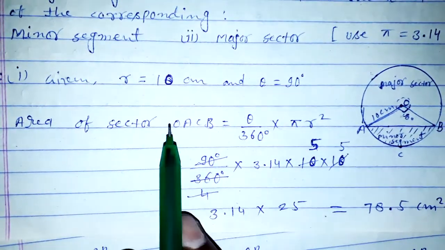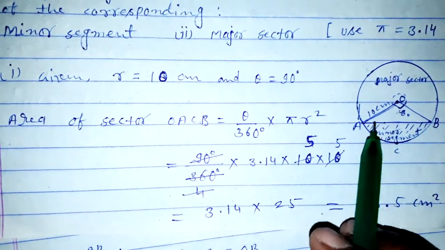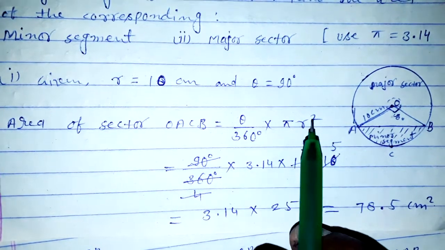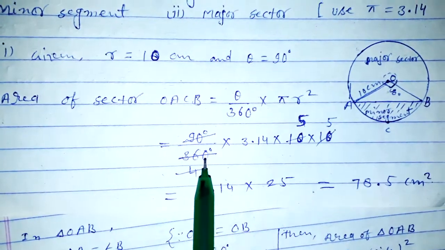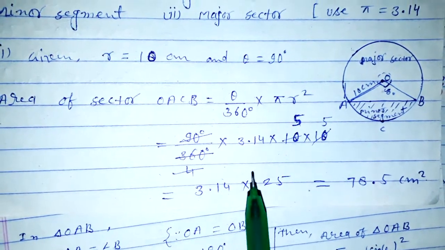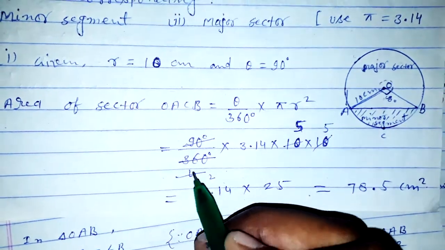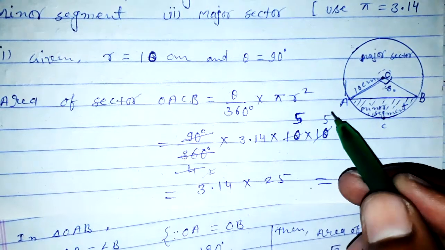So area of sector OACB. OACB means minor arc, minor sector. Theta upon 360 degree into pi r square. Put the value of theta, 90 degree. So 9 4's are 36, and 4 2's are 4, and 2 5's are 10.